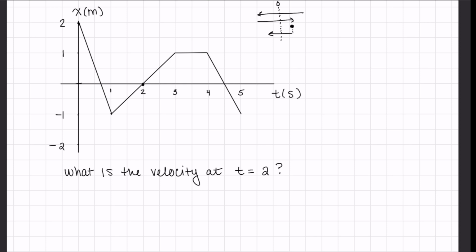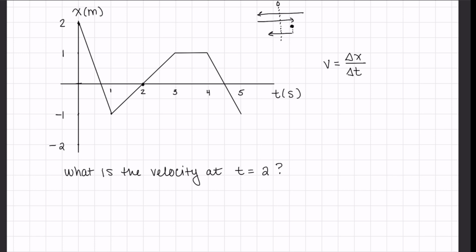So we want to get to the velocity. If we look at some equations that we have for velocity, we know that velocity is equal to the change in position over the change in time.